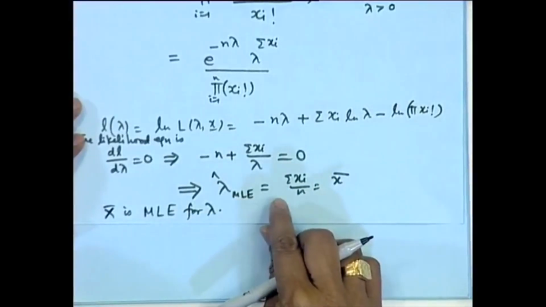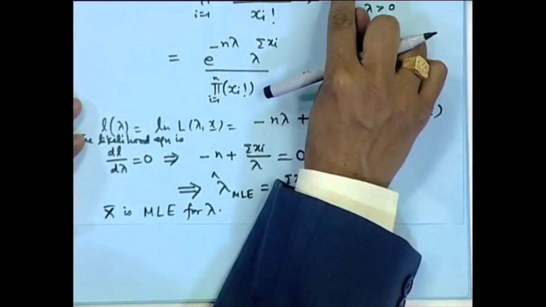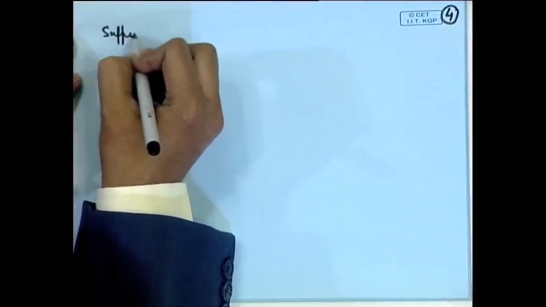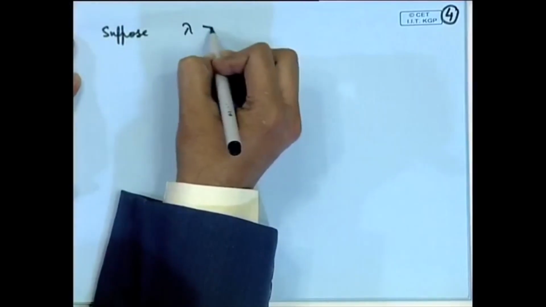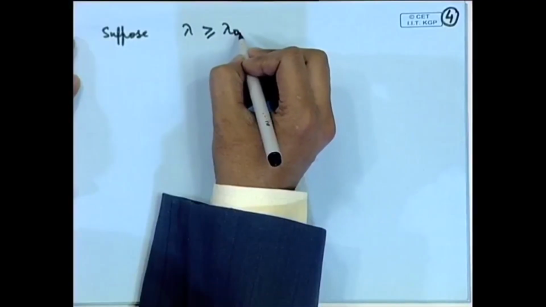Another thing that we can observe: here the maximization is done over the parameter space. So, in case there is a modification, for example, in the previous exercise, suppose we know that lambda is greater than or equal to lambda naught. That means we know that the rate of arrival in a Poisson process is bigger than a prescribed quantity.